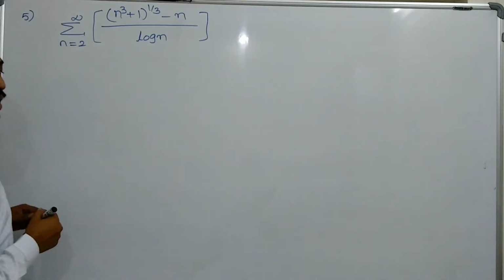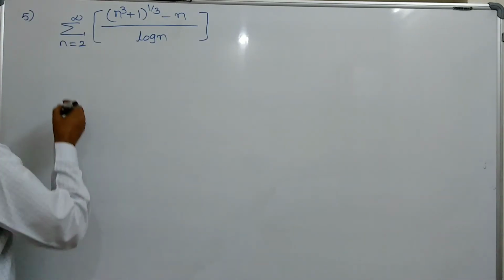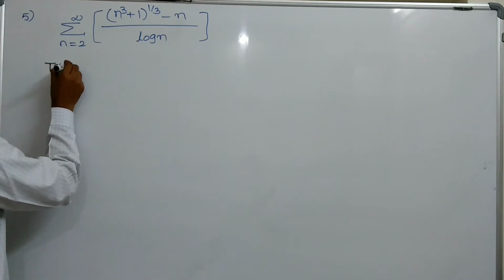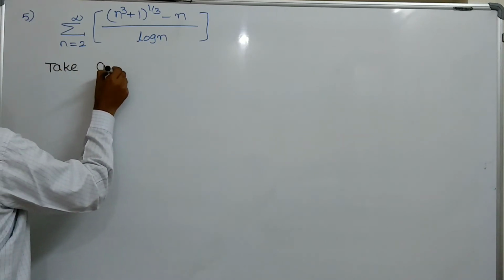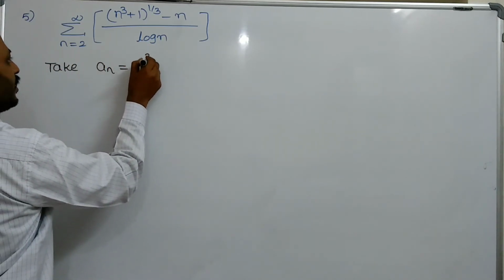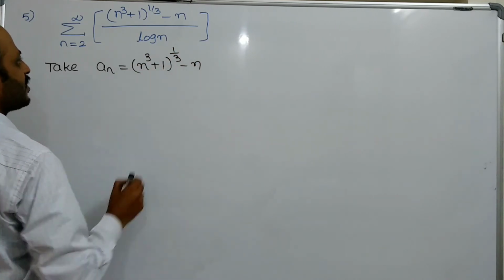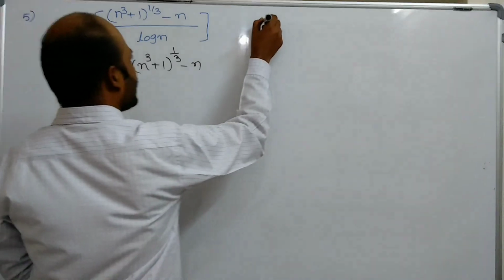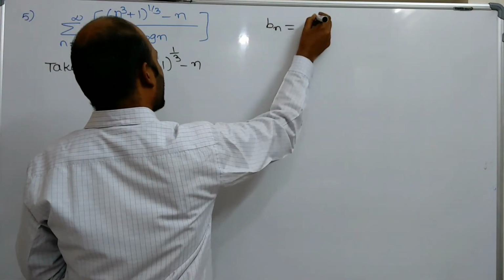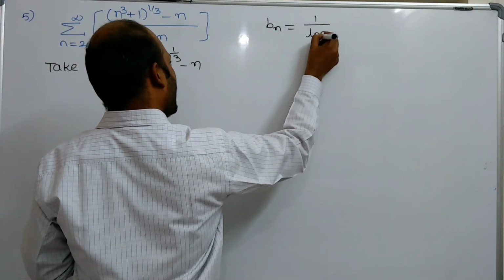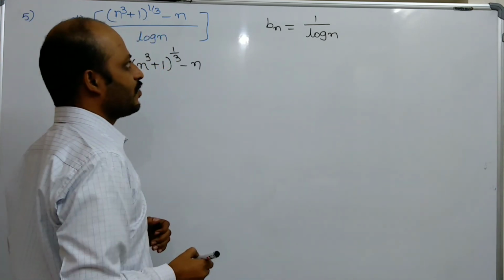The general term is log n minus n divided by log n. Here take an is equal to (n cube plus 1) whole power 1 by 3 minus n, and bn is equal to 1 by log n.